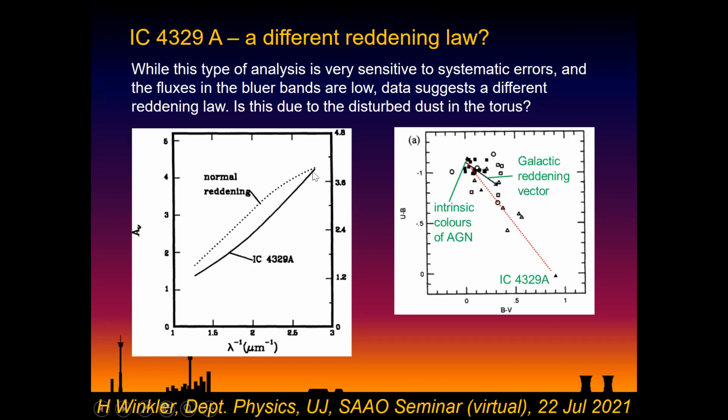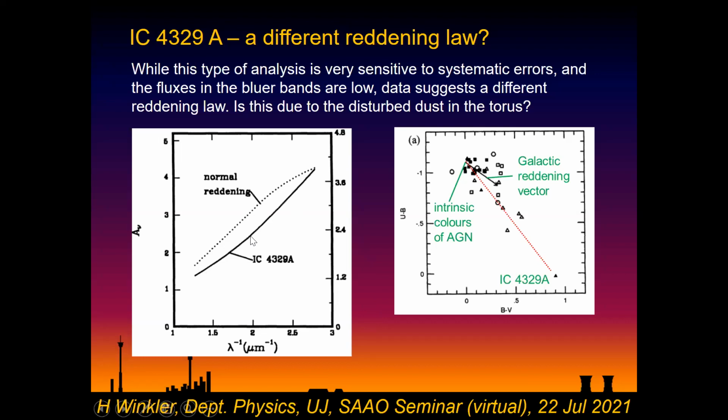As I mentioned, that shouldn't really be surprising, given that the interstellar matter that causes the reddening is subjected to a strong flow of X-rays and ultraviolet radiation and so on, which will probably affect the composition of interstellar material. So it's maybe not surprising that the interstellar reddening law would be a little bit different over here.